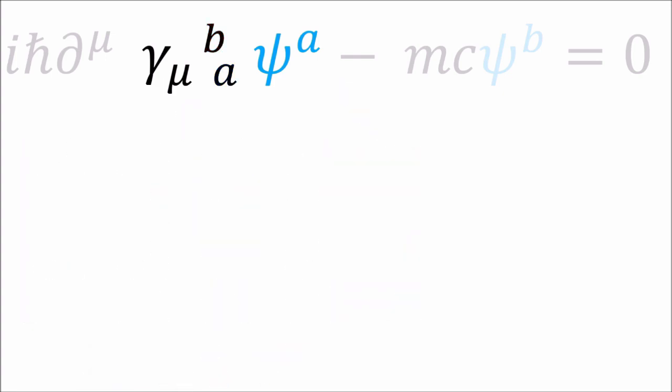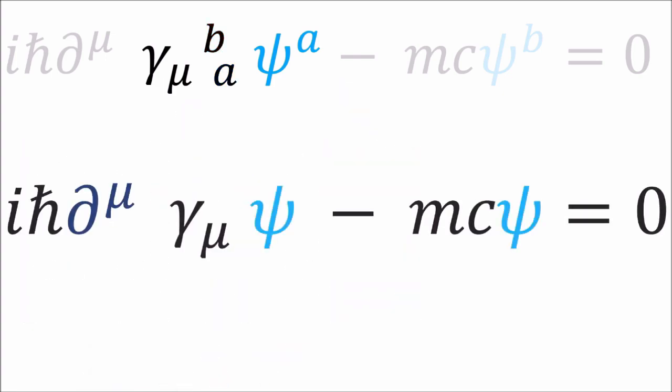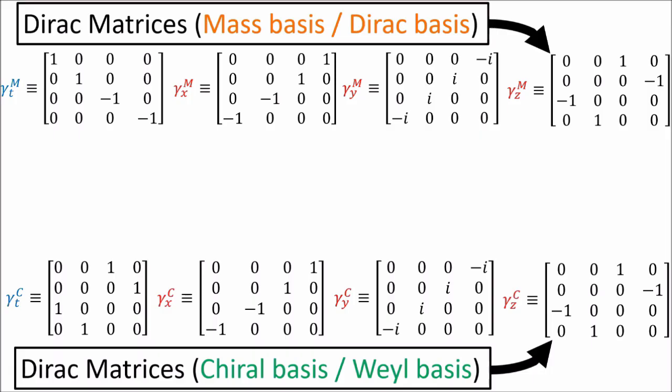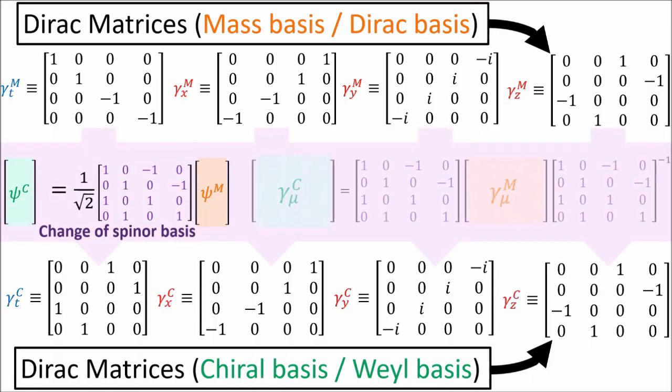However, for most of this video, I'm going to suppress spinor indices and treat the array multiplication as just being implied by putting the gammas next to the spinors. When I said there are multiple different versions of the gamma matrices, these are really the same objects, but just transformed with a change of spinor basis. So the matrix components look different in different spinor coordinate systems.